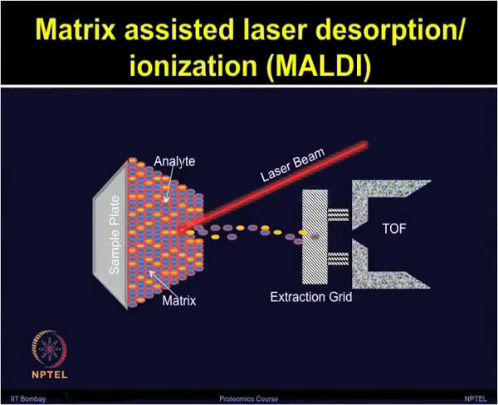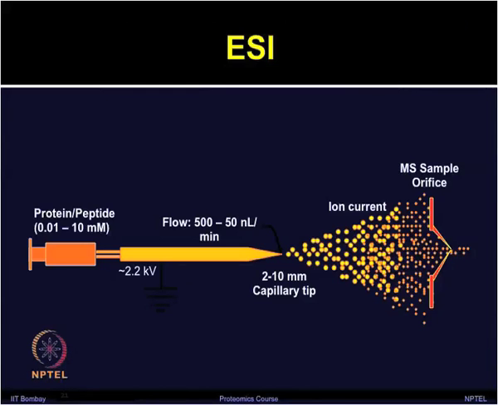The ionization source is responsible for converting analyte molecules into gas phase ions in vacuum. This has been made possible by the development of soft ionization techniques, which ensure that the non-volatile protein sample is ionized without completely fragmenting it.